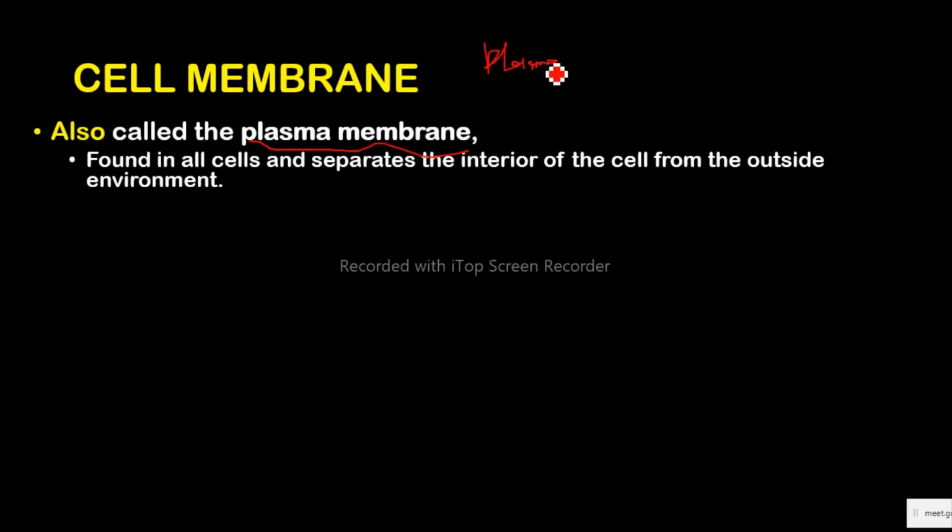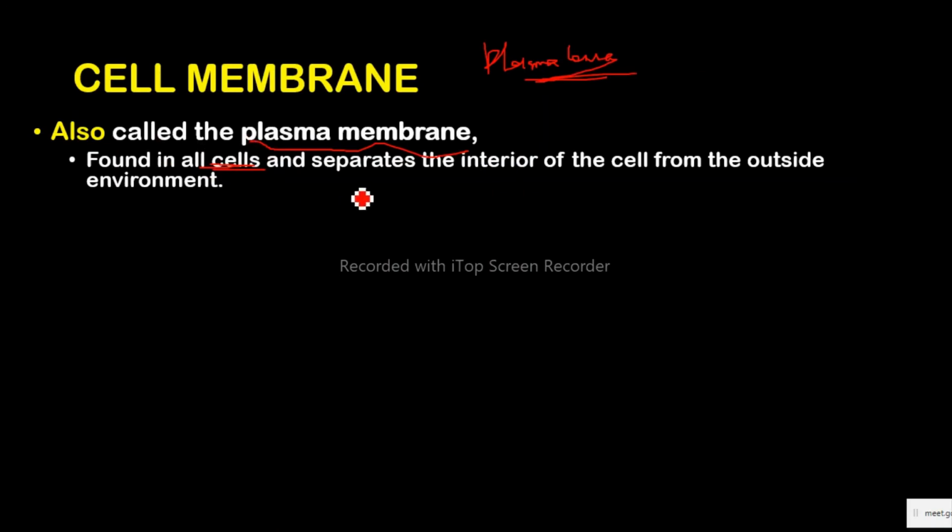So, it is still the same thing. So, in case you find any of these, then you know that they are talking about the cell membrane. So it is found in all cells, all of them. As long as it's a cell, no cell does not have a membrane.